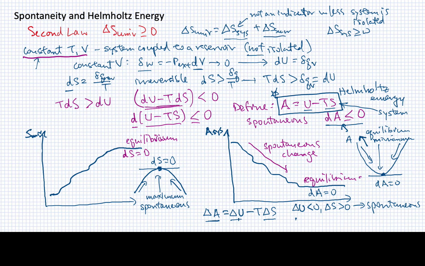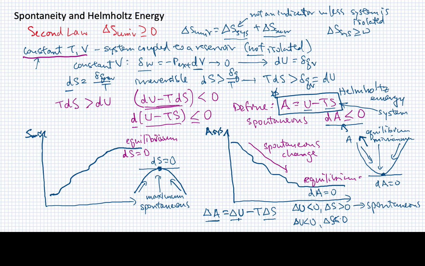What if delta U is less than zero and delta S is less than zero also? What happens then? Well, here we're going to have a balance between these two. One is driving you toward equilibrium, the other one is driving you away. So whichever one has the greater magnitude is going to determine whether you are going to have a spontaneous change at that point or not.